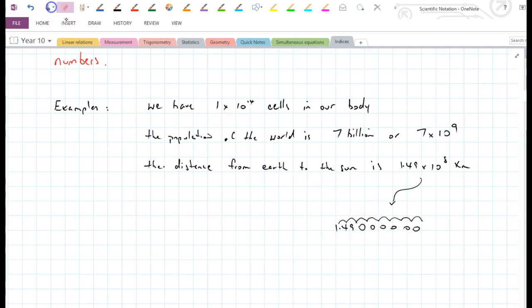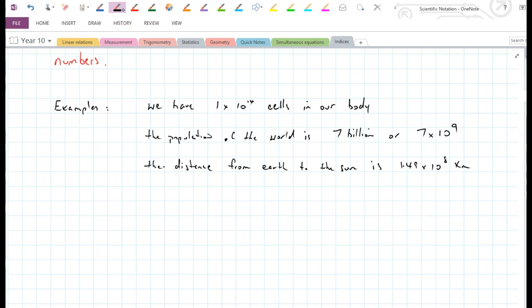Get rid of that decimal place, and that's what the number would look like. 149 million kilometers would be that distance with 1.49 by 10 to the 8. Okay, I keep rubbing these out. That's okay. Let's think of a couple more.